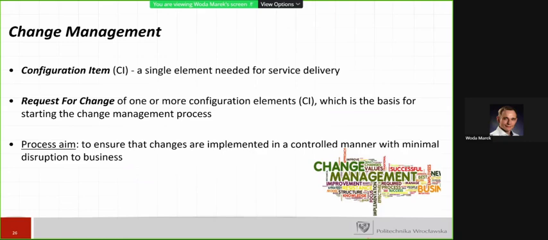So every piece of equipment, every piece of the system which has any value in the company, is called a configuration item. It does not necessarily have to be IT equipment. It might be, for example, a car, or some kind of machine on the production line, because this is something necessary for service delivery.